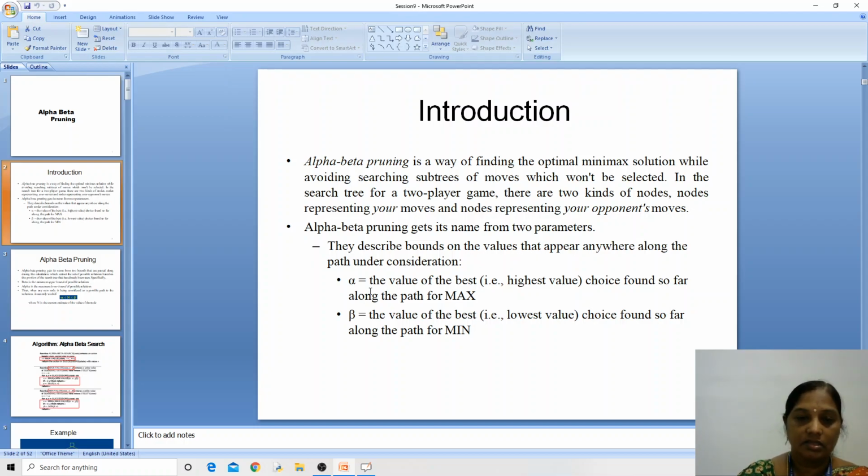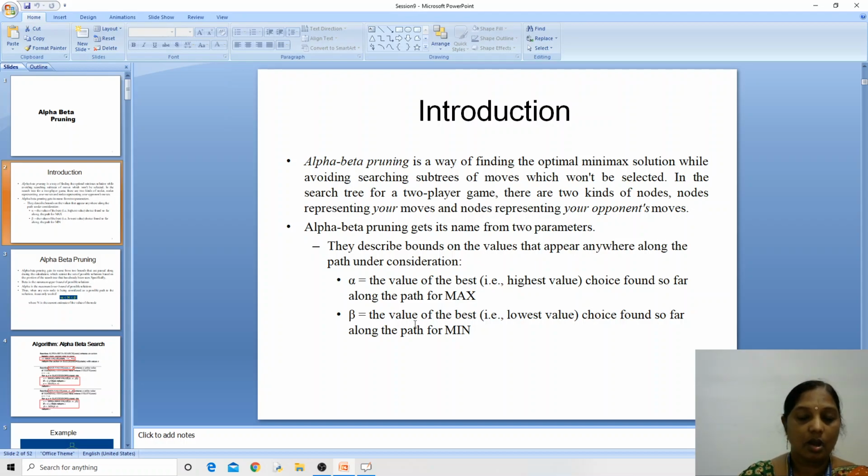Alpha is always the value of the best choice found so far for max. That means the path always has to be the max. So alpha is always trying to increase the value for max, that is, to increase the winning chance in the game, as we discussed earlier.